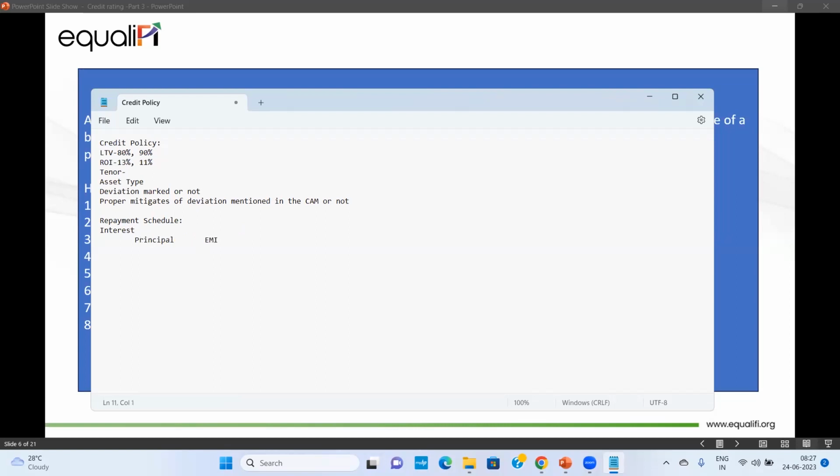In the initial period, your interest will be more. You will recover less principal, but the EMI will remain the same. So the longer the tenure, the lesser the principal you recover in the initial phase.